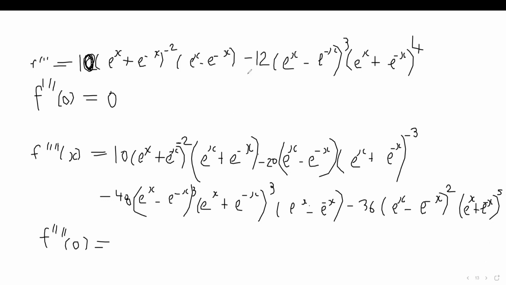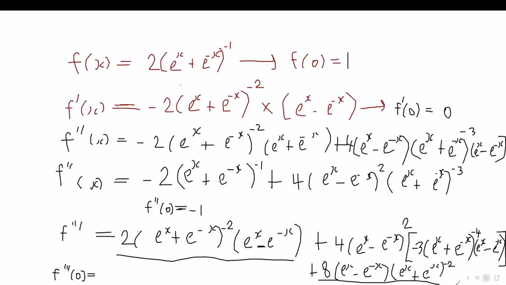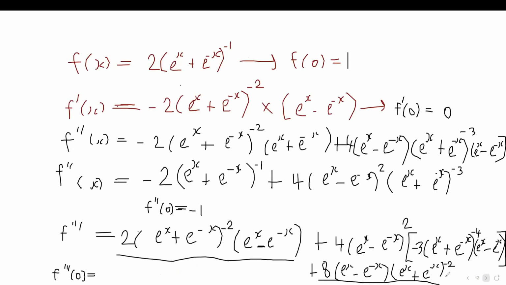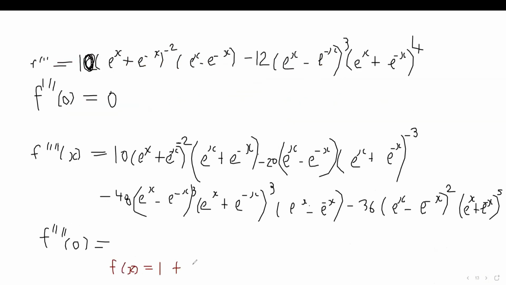In the meantime, we can start to write down f of x. If we want to write it down below here, we know f of x can be equal to f of 0. We found f of 0 to be 1, plus x, f prime of 0. We get f prime of 0 is 0. So it's 1 plus 0 times x plus x squared.